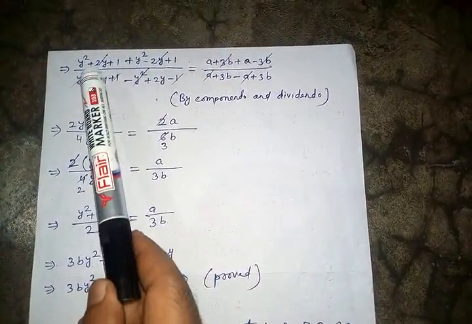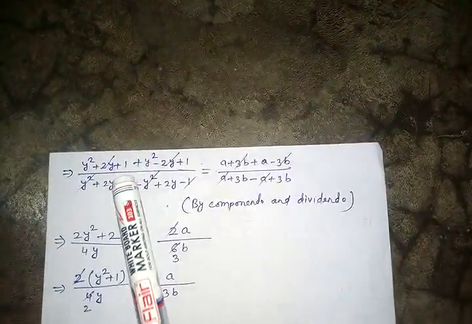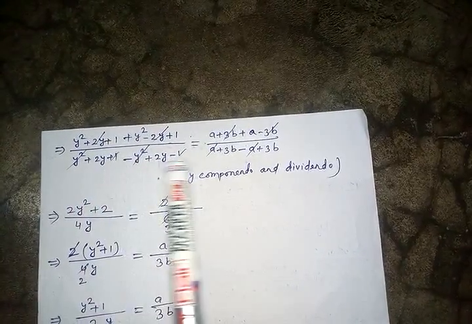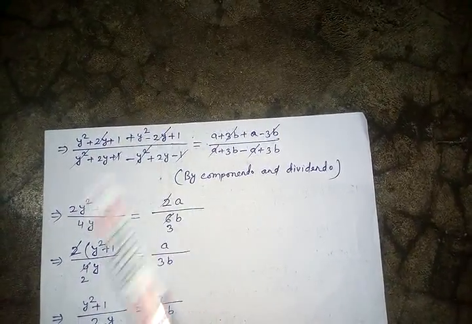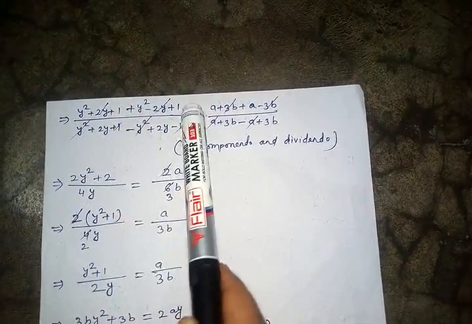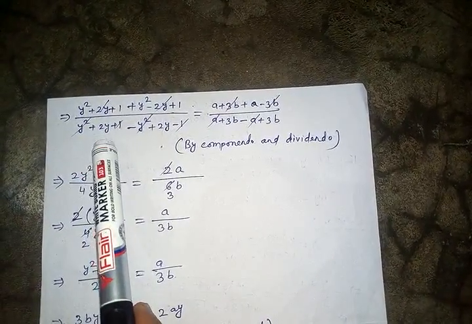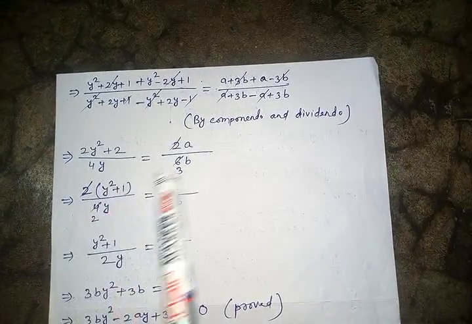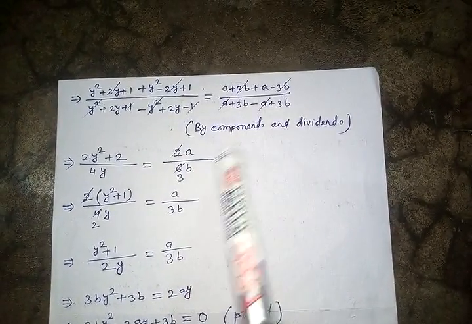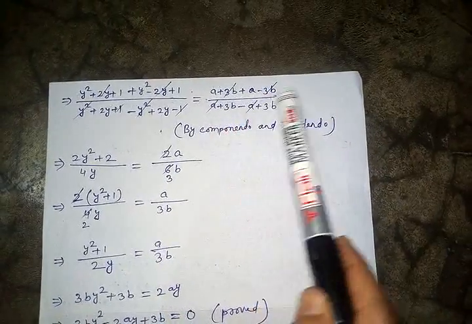Now same variables get cancelled because they are in plus and minus. So here y square minus y square, plus 1 minus 1, plus 2y minus 2y. After that y square plus y square 2y square, 1 plus 1 plus 2, 2y plus 2y 4y, and here a plus a 2a, 3b plus 3b 6b, rest all got cancelled.